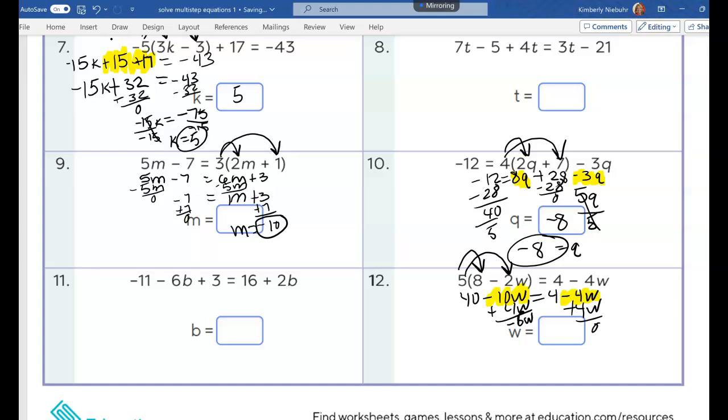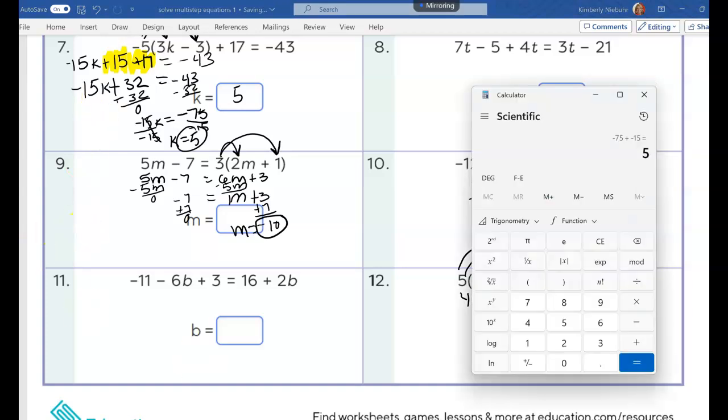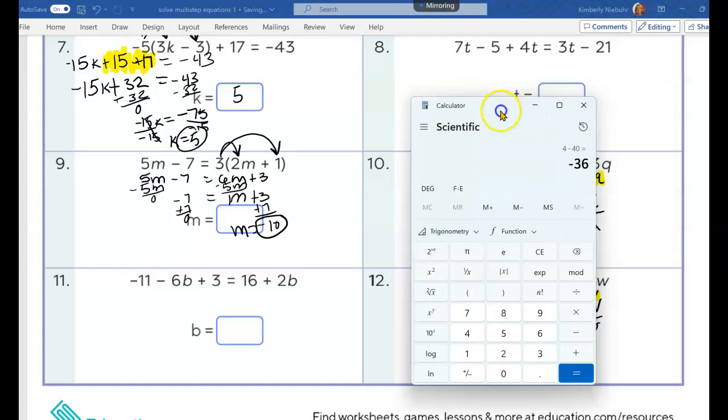And we still have 40 equals 4. So we're going to take 40 away. 4 minus 40. I don't know about this one, y'all. 4 minus 40. Negative 36.